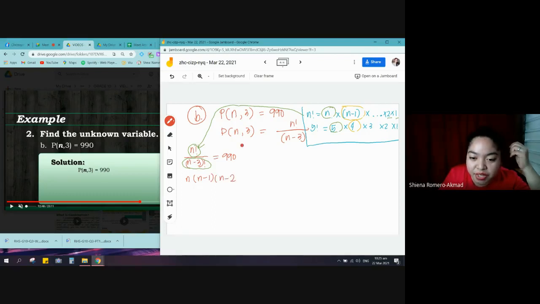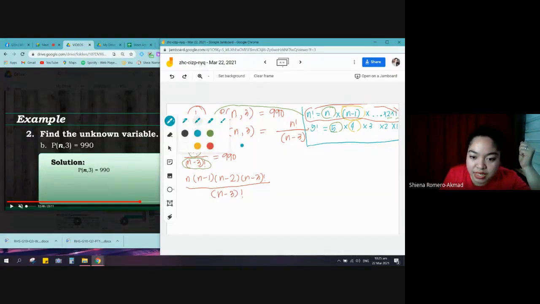Kailangan makancel natin si n minus 3 times n minus 3 factorial divided by n minus 3 factorial. So remember, in permutation, in factorial, we can express n factorial this way. So, in-express natin siya sa ganyan para makancel out natin yung n minus 3.